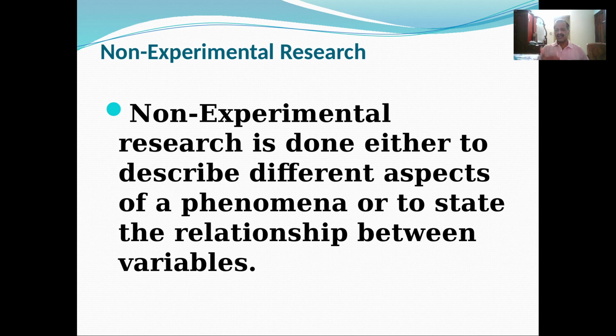Similarly, a researcher also wants to explain the scientific aspect of a phenomenon: why it is happening, where it is happening, how it is happening, when it is happening. All this will be simply described. For that we use non-experimental design.